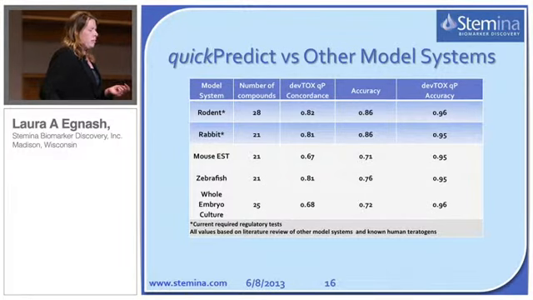And so this second column is the number of compounds we were able to compare based on literature values. The third column is DevTox concordance, and you can see we're highly concordant with the animal models. The fourth column is the accuracy of the models as compared to DevTox at the end here.